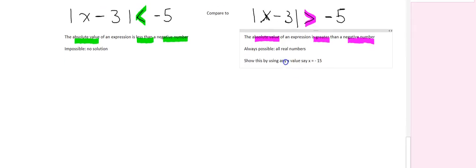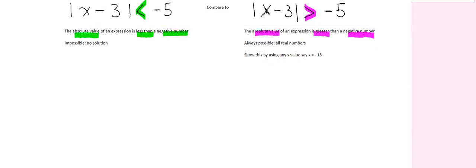So my absolute value is of negative 15 minus 3, which simplifies to the absolute value of negative 18 is greater than negative 5.